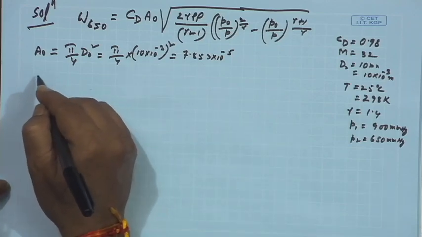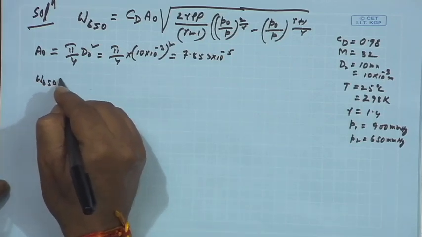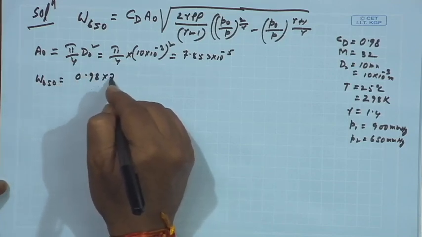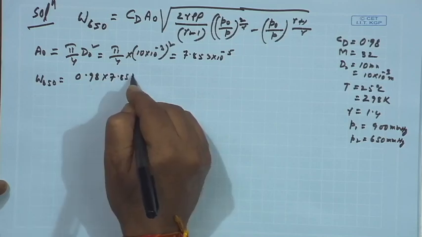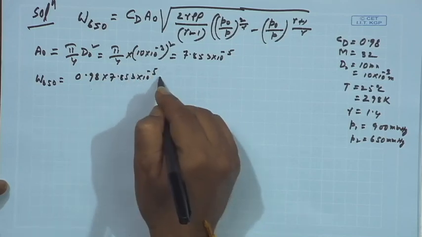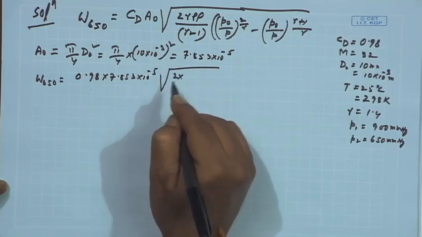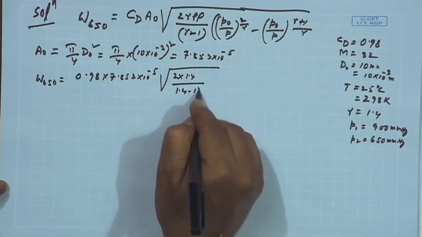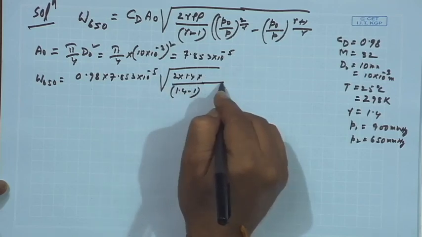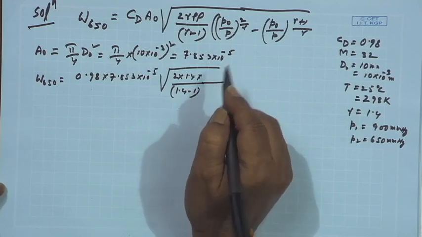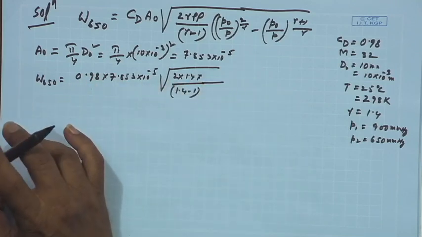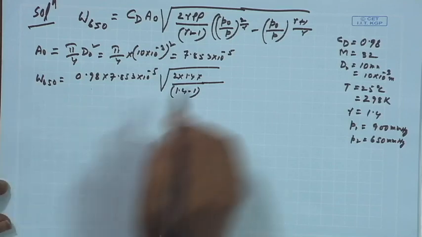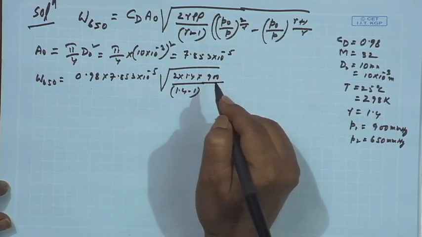So, we can write W650, this is equals to 0.98 into 7.85 into 10 to the power minus 5 under root 2 into 1.4 divided by 1.4 minus 1 into P. P given is 900 millimeter of mercury.